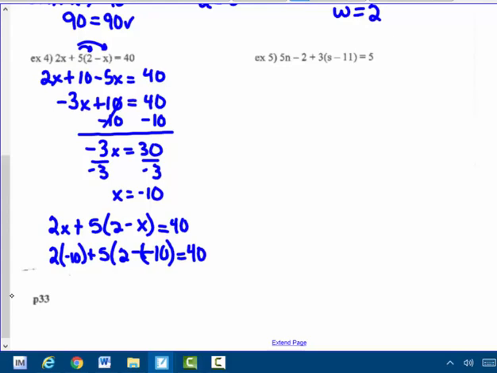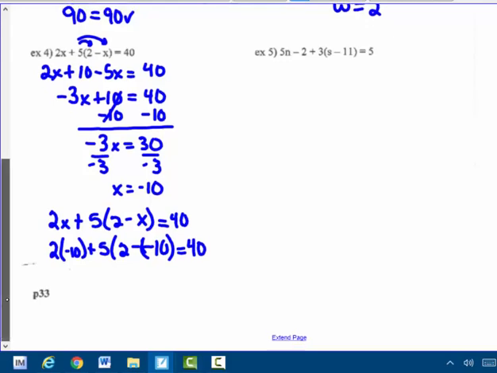Okay, well, 2 minus negative 10, that's 2 plus 10, which is 12. So I have 2 times negative 10 is negative 20, plus 5 times 12 is 60. Oh, 60 and negative 20, yes, they do make 40. So 40 equals 40. Yippee.